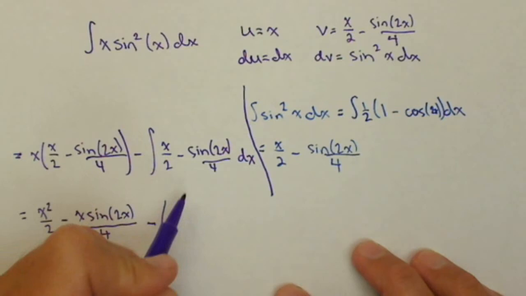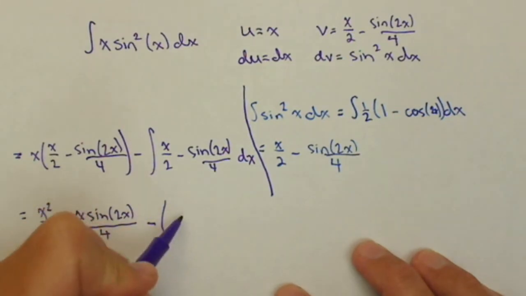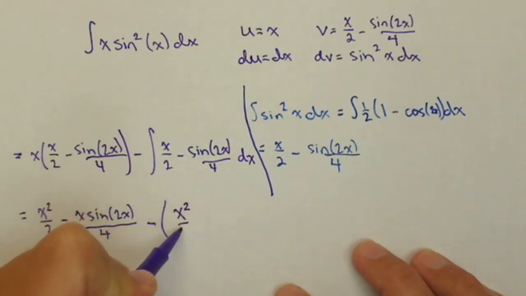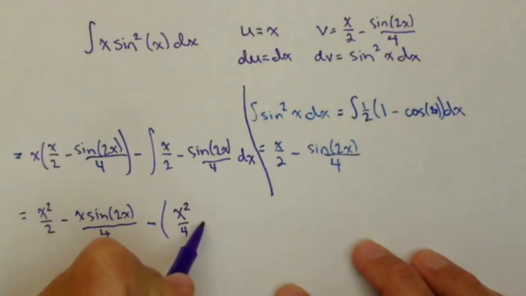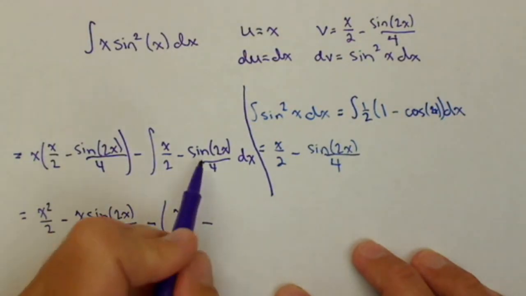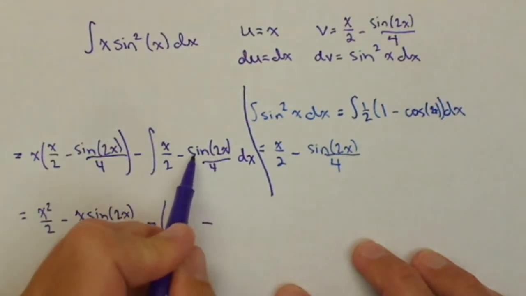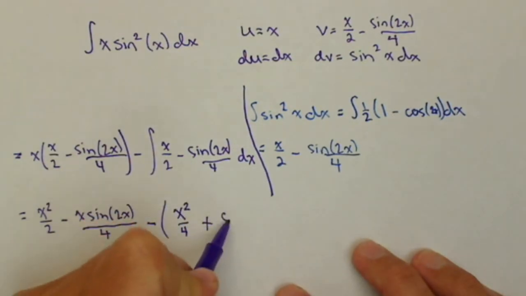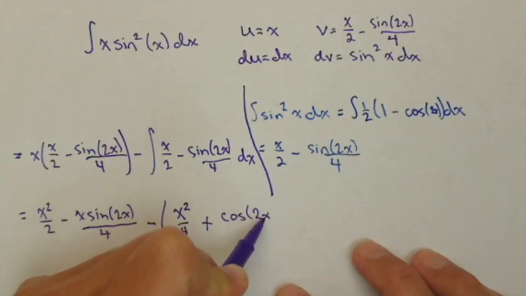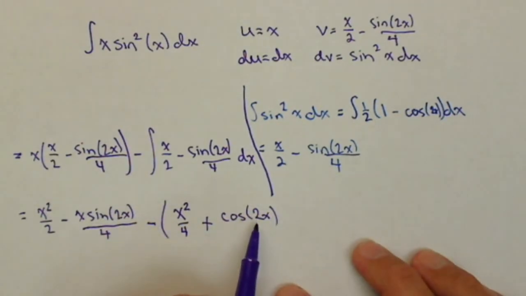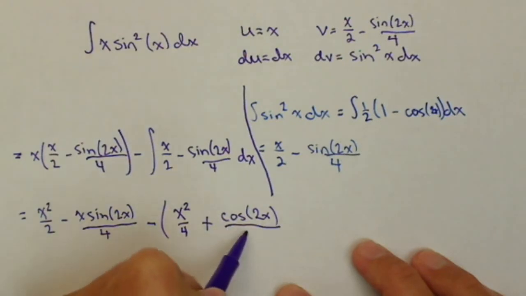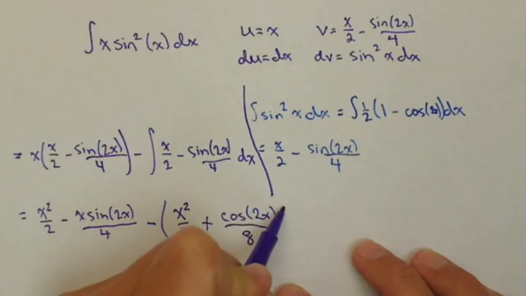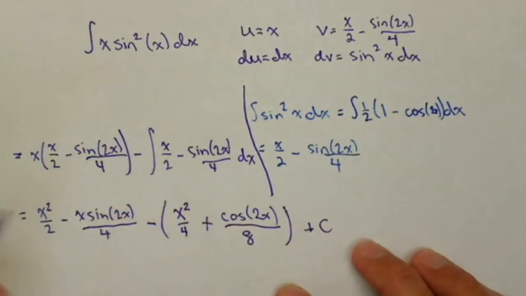Antiderivative of x is x squared over 2, but it's already divided by 2, so it'll become x squared over 4, minus antiderivative of sine of 2x. Well, the antiderivative of sine is negative cosine of 2x, and now because of that extra 2, if we were doing derivative, we'd multiply by 2. Since it's an antiderivative, we've got to divide by that 2, so over 8, plus c.